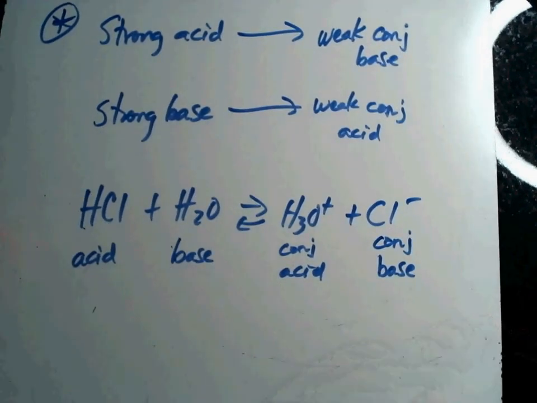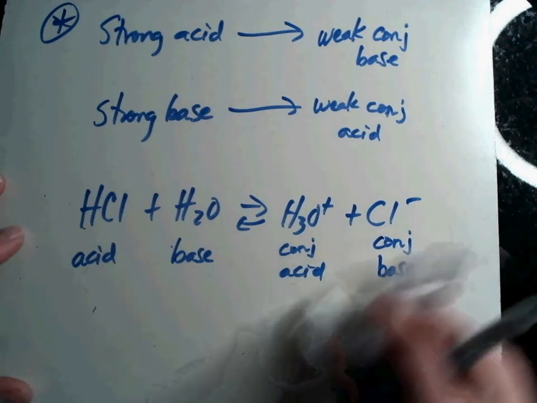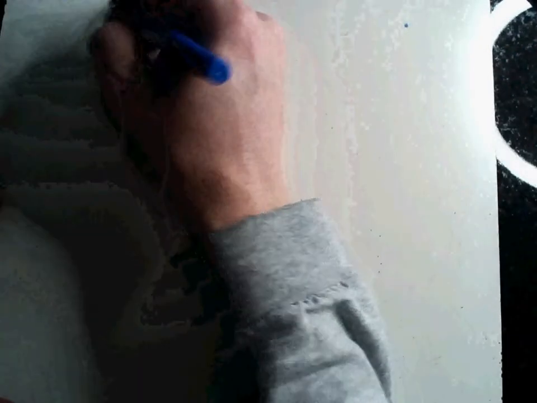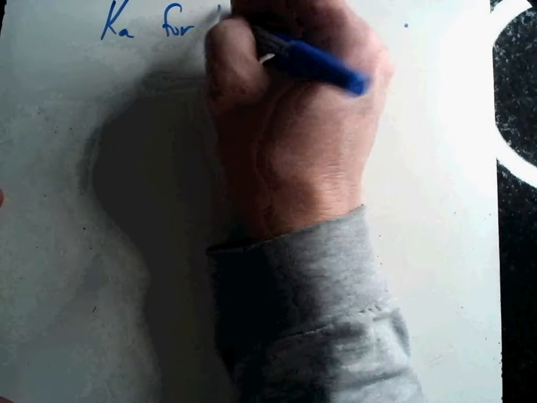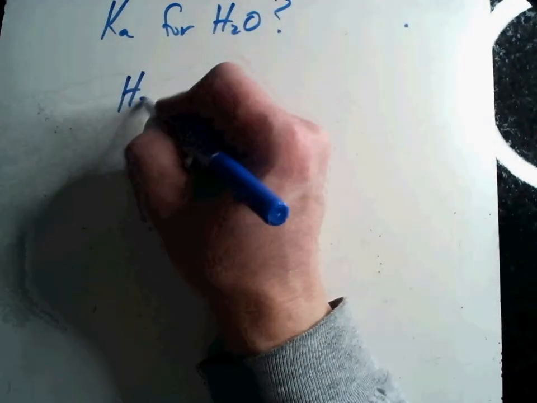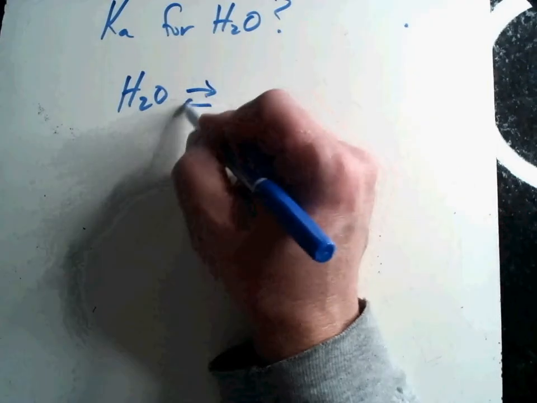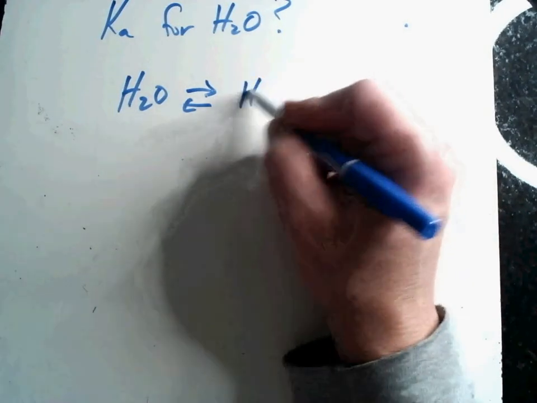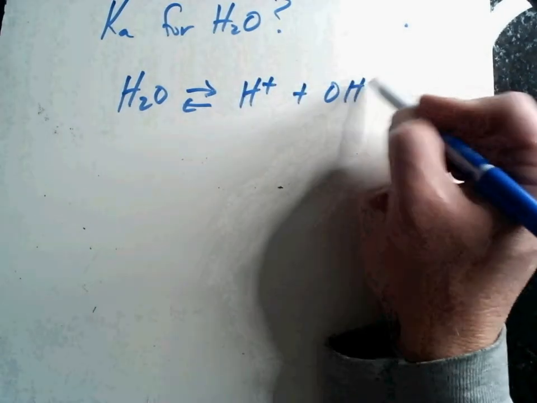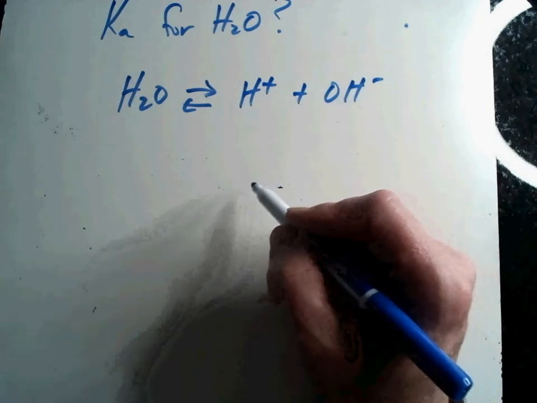All right? So the question is, now that we've got the formula, what's the Ka for water? Well, the formula that we had was water basically is going to be hydrogen ion concentration and hydroxide ion concentration.